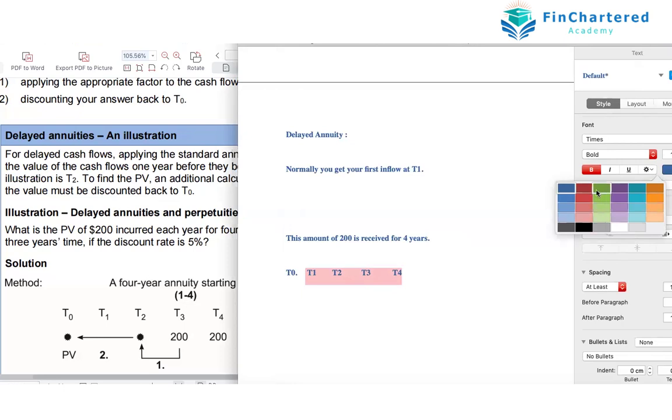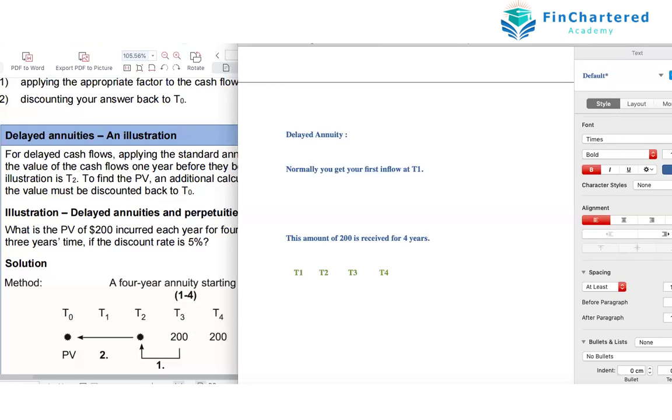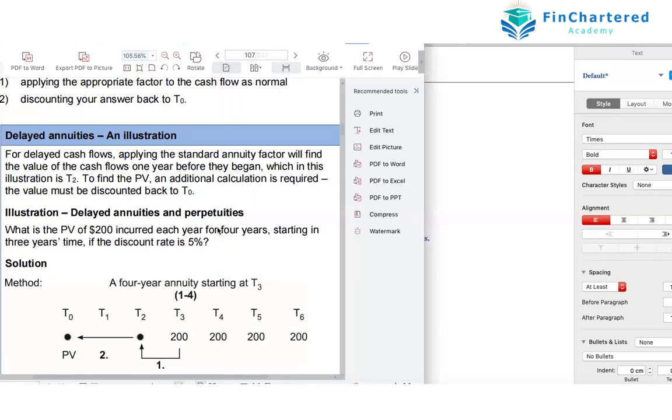Whatever is normal, I'm putting in green. So you will find the annuity factor for 4 years, 1, 2, 3, 4, and just calculate. But in this case, what does the question say? The question says that the first amount is received after 3 years. The first amount is received in time 3.